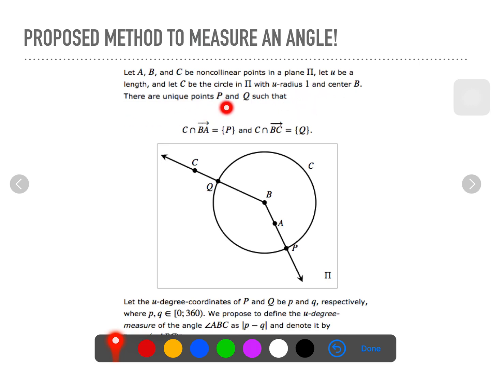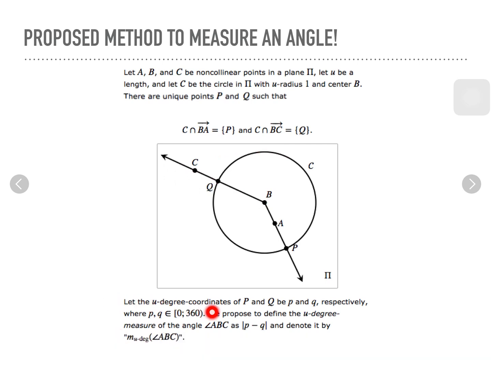There are unique points, P and Q, such that the rays of my angle intersect my circle at these points. So ray BA intersects my circle at point P. Ray BC intersects my circle at point Q. And we're going to say the U degree coordinates of P and Q, we're going to call them little p and little q respectively, where p and q are somewhere between 0 and 360.